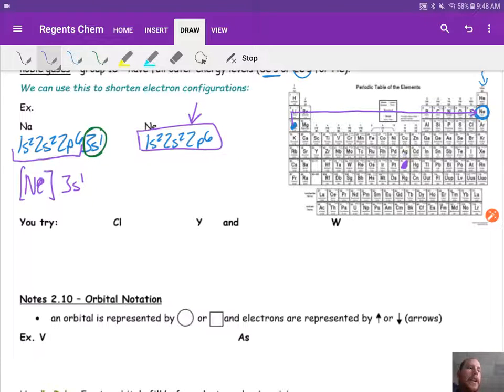So for chlorine, I'm going to clear up my periodic table here. Chlorine is right here. The first thing I need to figure out is, what was my last filled noble gas? That would be neon. So I'm going to write down neon and put brackets around it. That takes care of the first 10 electrons that I don't have to worry about.